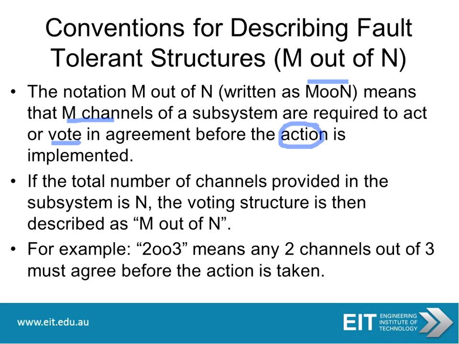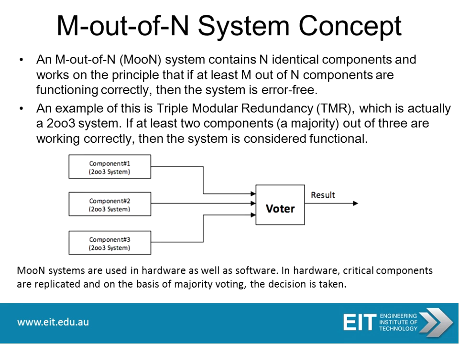And the total number of channels provided in the subsystem is N. So the voting structure is then described as M out of N. So for example, 2 out of 3 means any 2 channels out of 3 must agree before the action is taken. So any 2 channels, so in total we have 3, any 2 of that 3 must agree before action is taken.